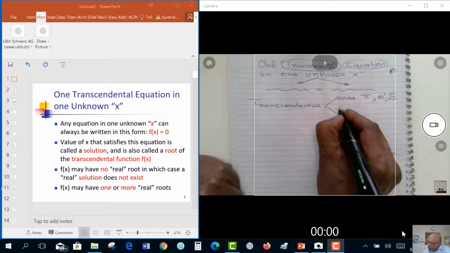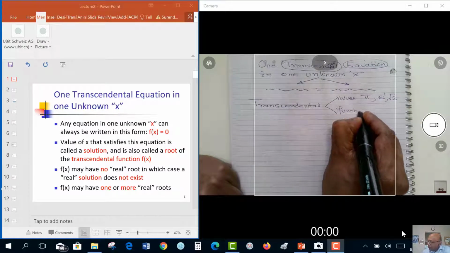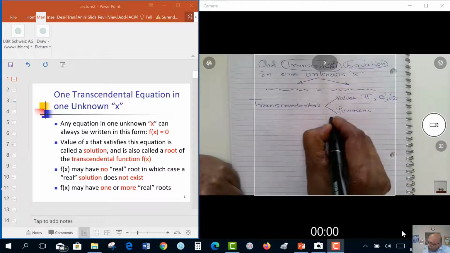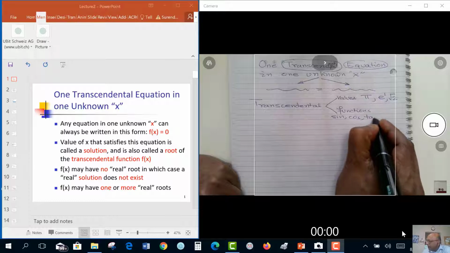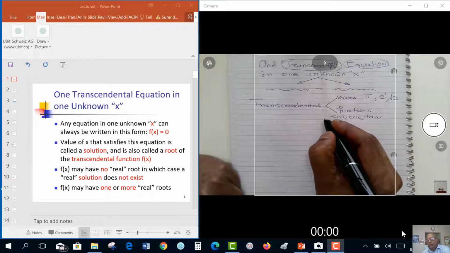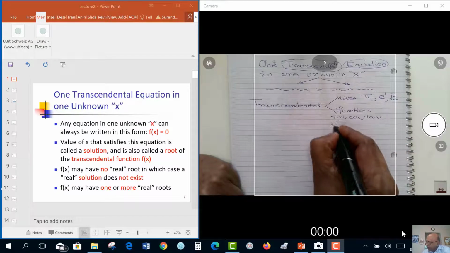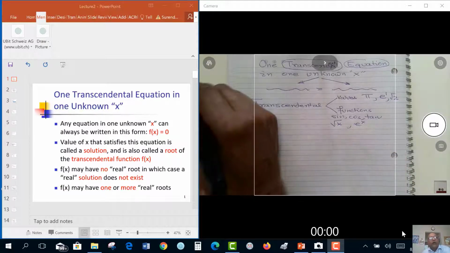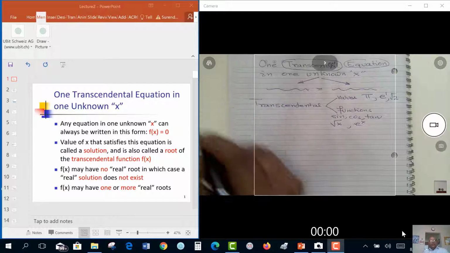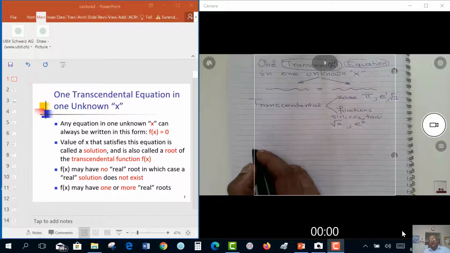There are functions, for instance, all trig functions, sine, cosine, tangent, they are all transcendental. Square root, e to the x, they are all transcendental. Essentially, most of the equations that you come across are likely to be transcendental.